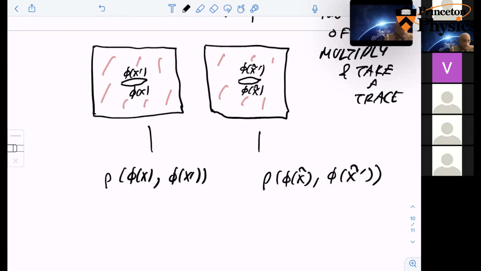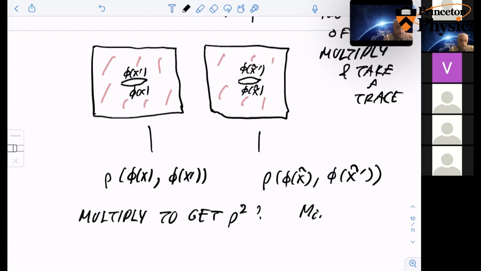Well, how would we multiply the two density matrices to get rho squared? Well, if I have a matrix M_ij and another matrix N_i'j', to multiply them, I set j equals j' and I sum.